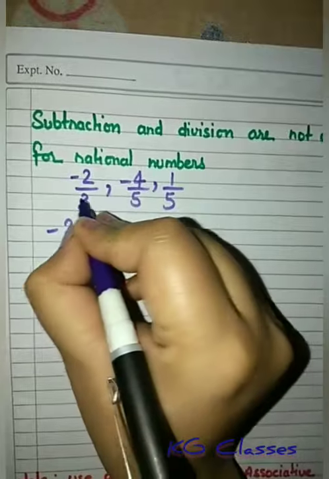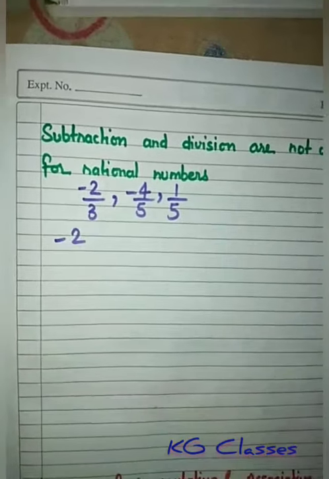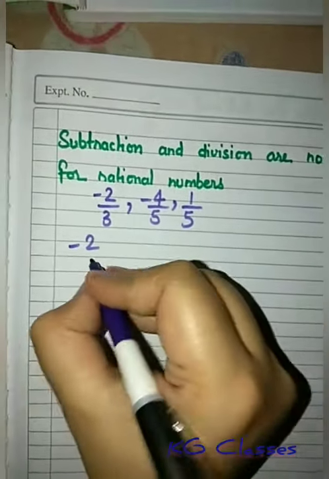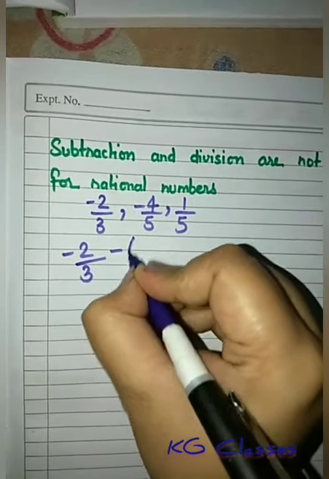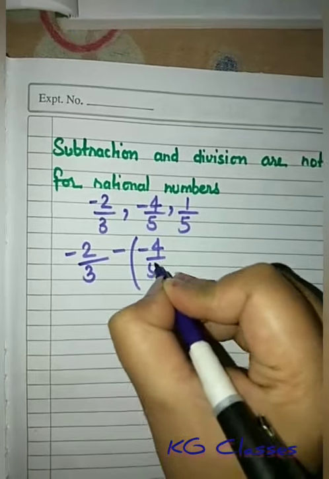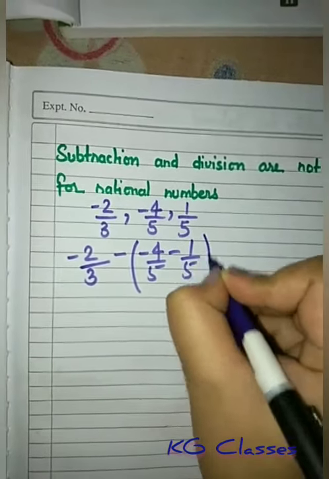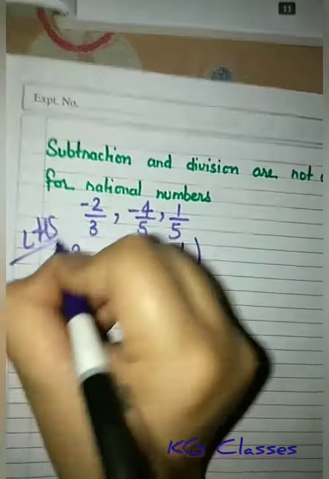We have three rational numbers, minus 2 by 3, minus 4 by 5 and 1 by 5. Let's solve them. We have to subtract them. This is our left hand side. Solve it.